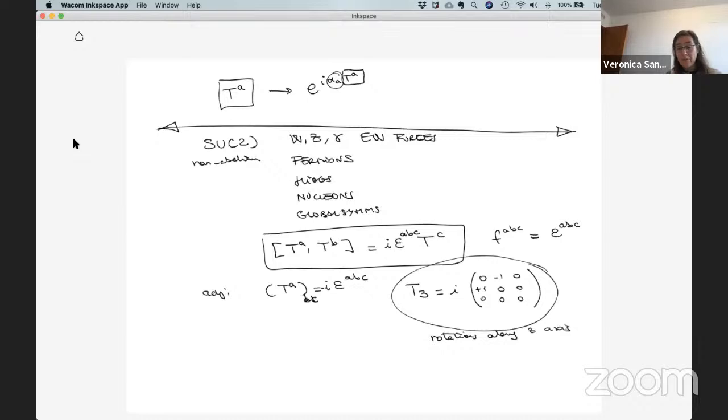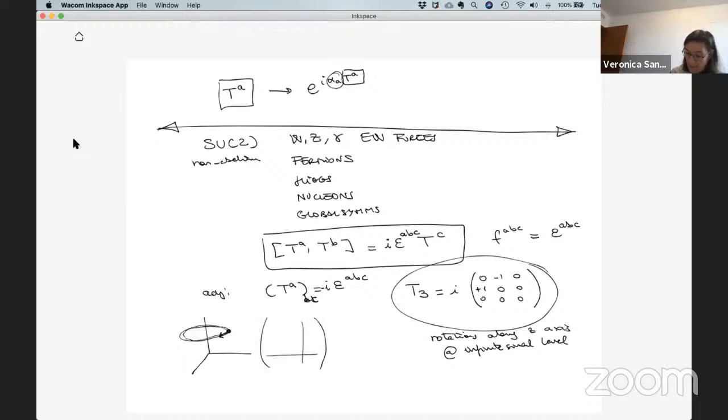So three-dimensional rotations, the usual, you take a point in 3 dimensions and you rotate it, but at an infinitesimal level. So let's say that I have a point over here and I want to rotate it around the z-axis, but I want to do just a tiny bit. So you will say that point then, here you don't do anything in the third component, and here you will have a simple rotation matrix of sine, cosine, sine, cosine, minus cosine.